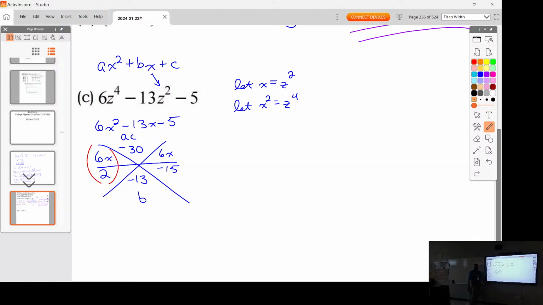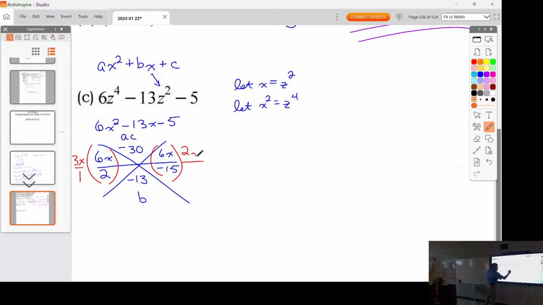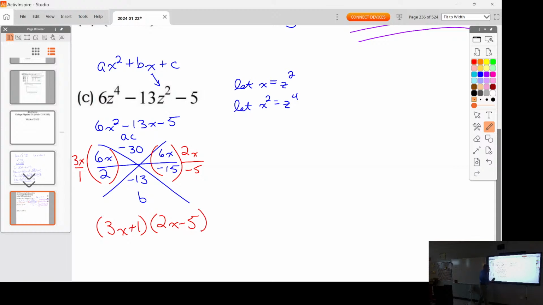6x and 2, do they reduce? 3x and 1. 6x and negative 15? 2x and negative 5. Which means my answer is 3x plus 1 times 2x minus 5.